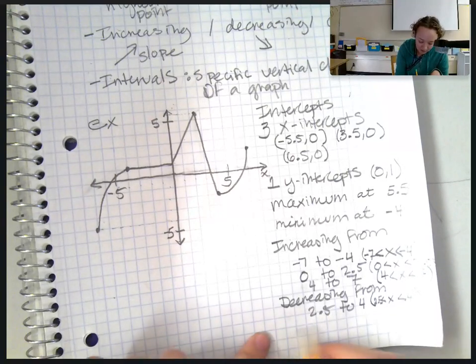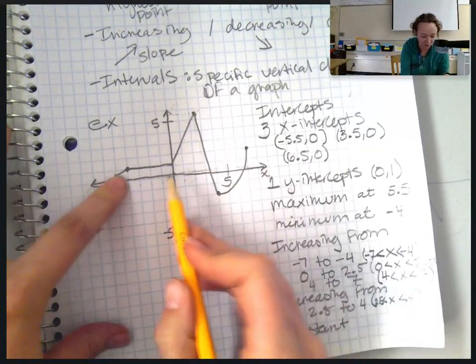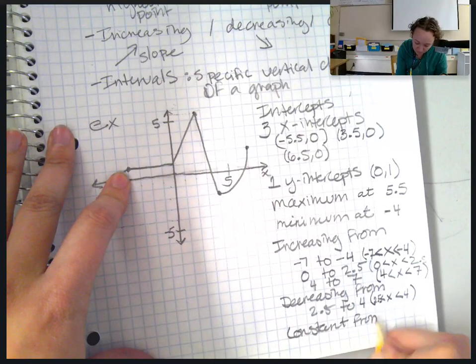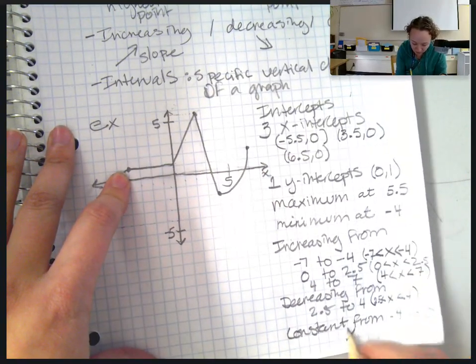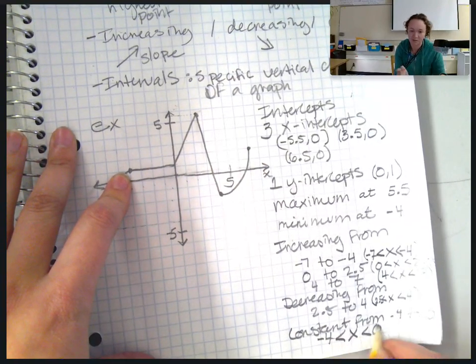And then constant. A constant interval is from -4 to 0. -4 to 0, or when x is greater than -4 and less than 0.